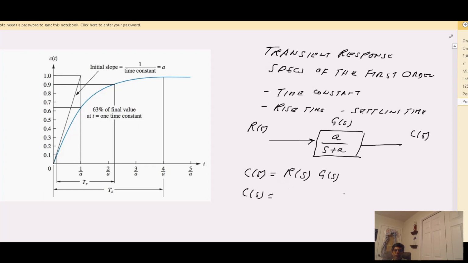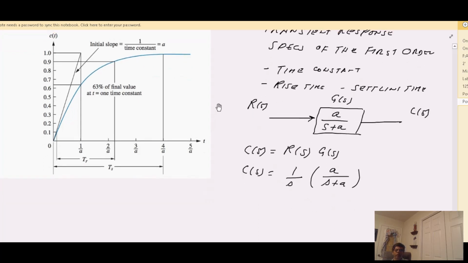So C(s) is simply going to be 1 over S times A over S plus A. Now we can apply what we call partial fractions to solve this, so that we can solve this in the time domain, and you pretty much know how to do this now.